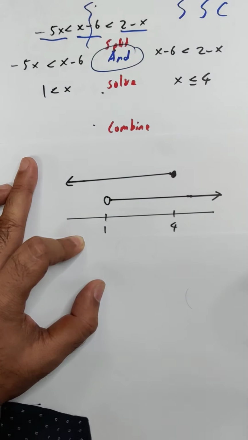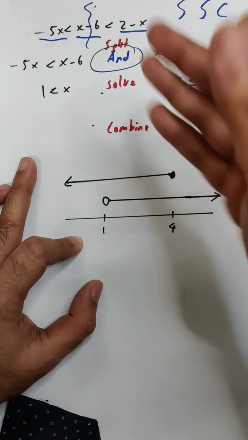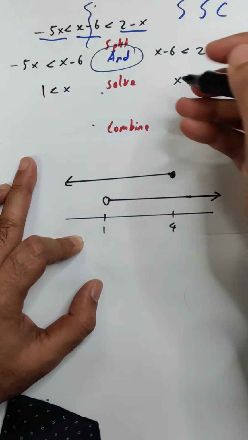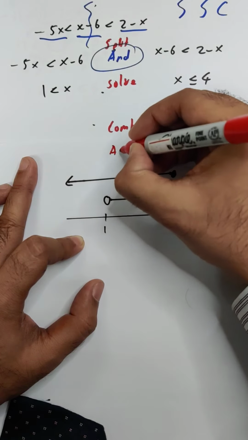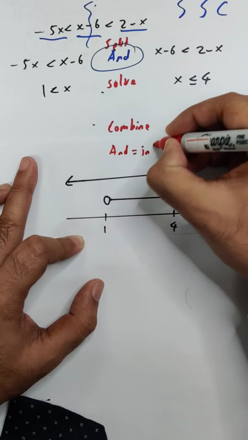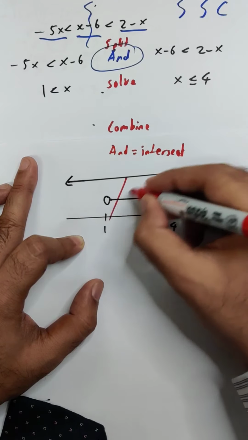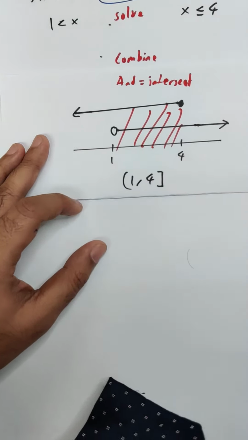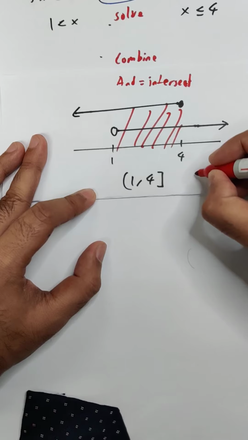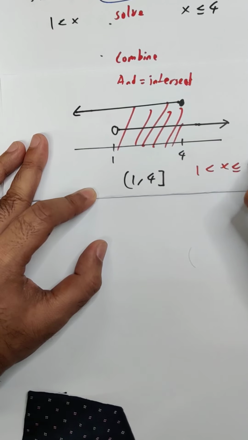We'll do the union soon, but normally in between there's no union, it's just intersection. So you draw it up, the intersection is over here, and this is our final answer. You can leave your answer in this way, or in this way. Both are perfectly fine.